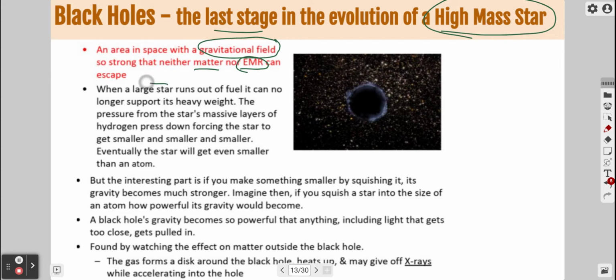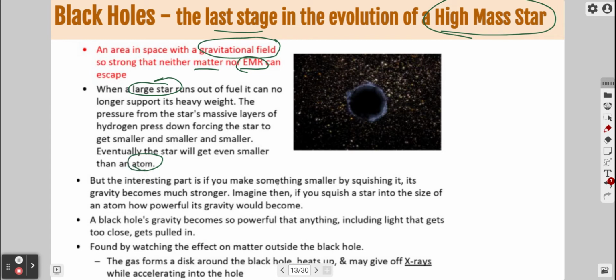So when you have a large star and it runs out of fuel, so remember its fuel is hydrogen, so it can't do the fusion reaction anymore. That pressure pushes inwards and forces the star to get smaller and smaller and smaller. So it's really small. It's smaller than an atom by the end, right?